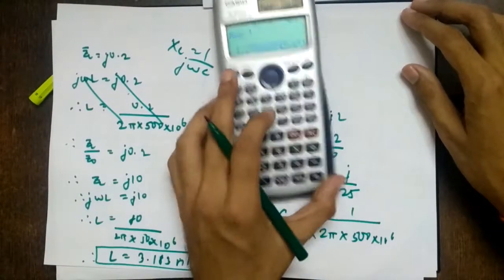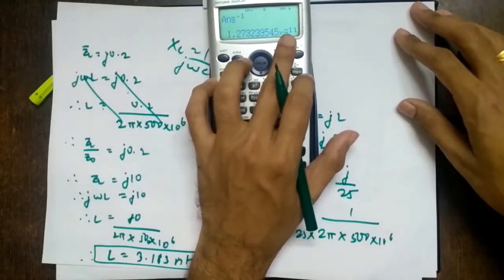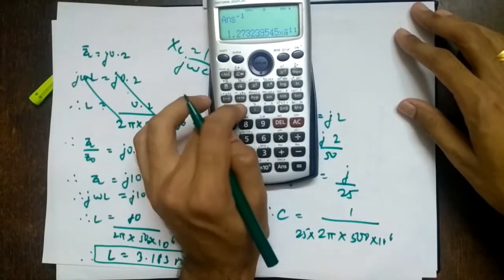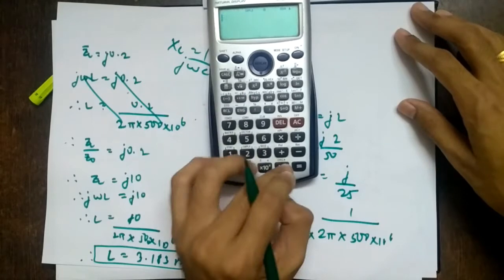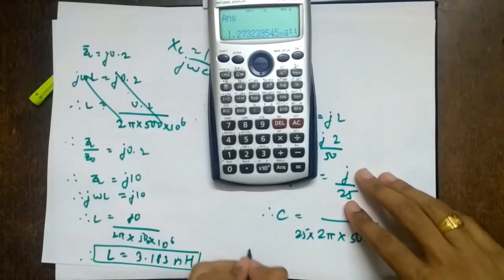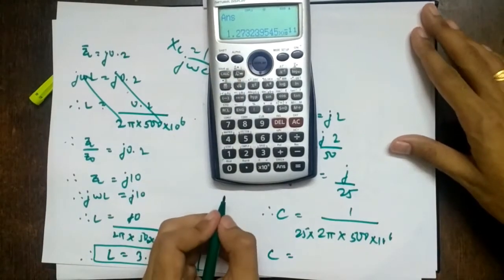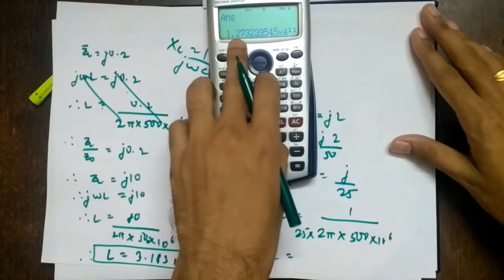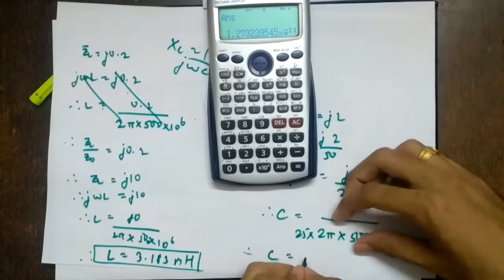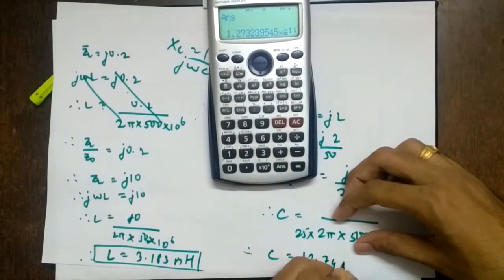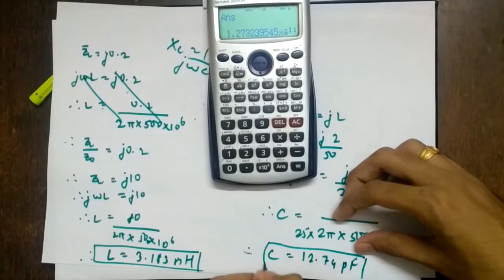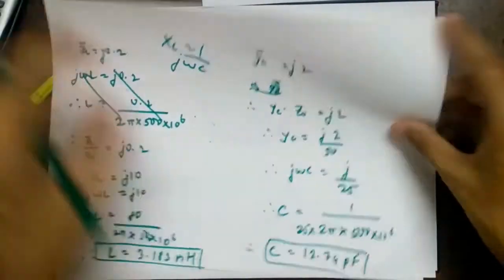It is the inverse, 1 by that, so this is in 10 raised to minus 12. Since you are in complex mode, engineering notation won't work, it will give i, so you have to do it manually. Convert it to picofarad. So it will be 12.74 into 10 raised to minus 12, that is 12.74 picofarad. So we are done with one solution.